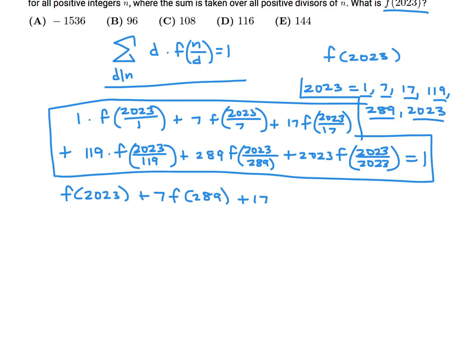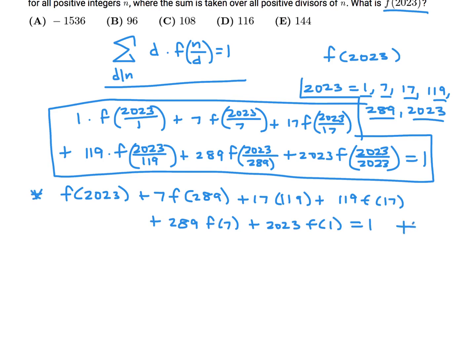Then 17 times f at 119. Then 119 times f at 17. And then plus 289 times f at 7. And then finally 2023 times f at 1. So that is the cleaned up version of that original equation, and we'll put a little star there to say that's what we're going to have to eventually get back to, since what we're trying to figure out is the numerical value of that.